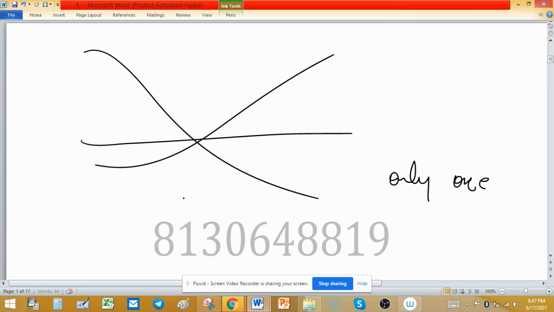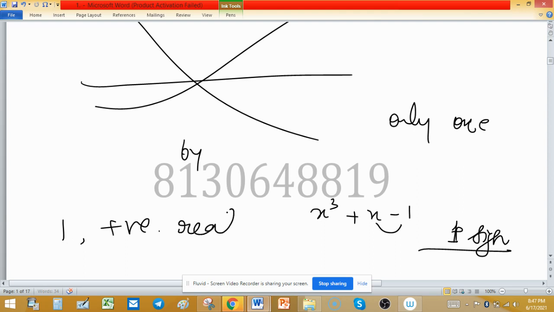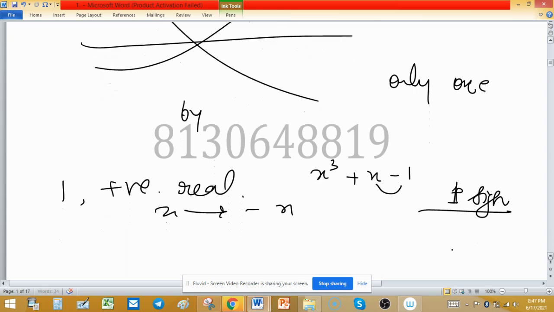Now by Descartes rule of signs we can say that in x cube plus x minus 1 there is only one sign change, so only one positive real root. After changing x to minus x, we have minus x cube minus x minus 1, which means there is no sign change.